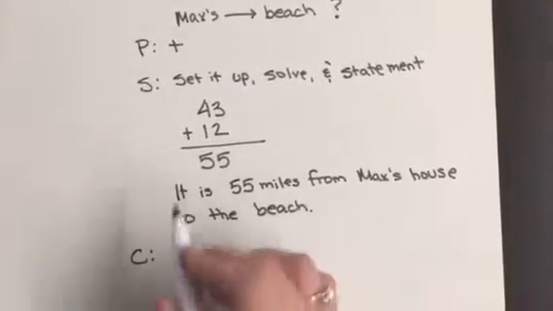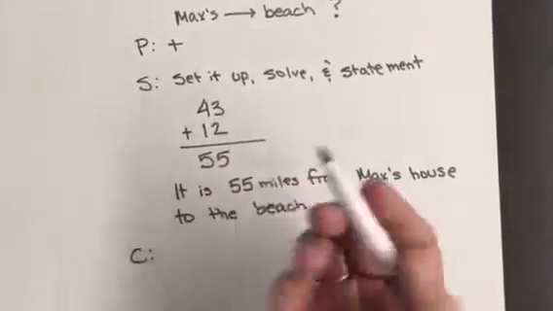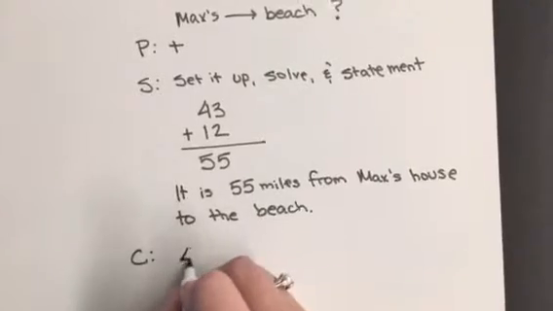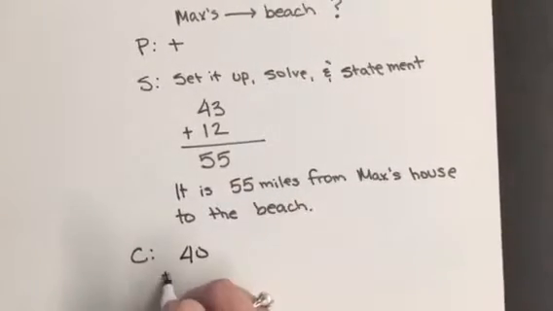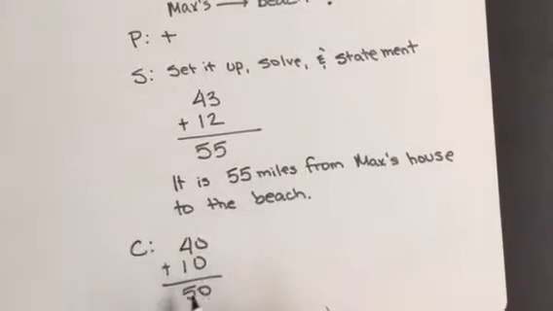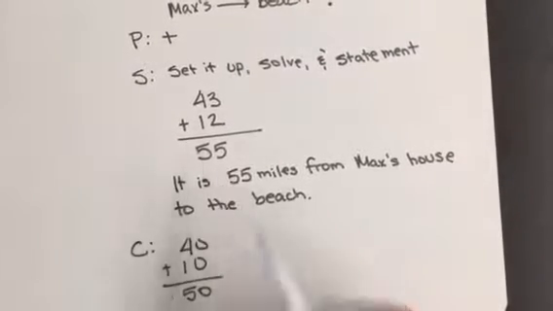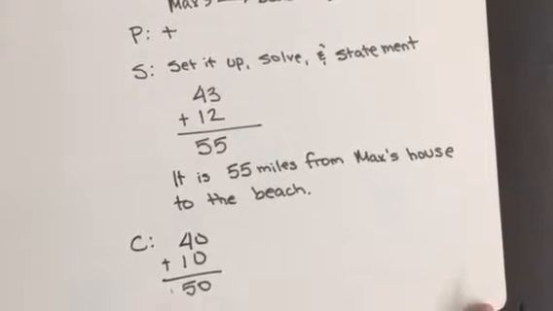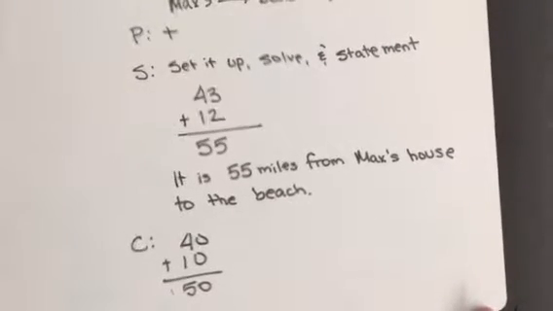So their check could just be them rounding these numbers. We would say 40 plus 10 equals 50. That tells them that if their answer is close to 50, they probably got it correct. So 50 and 55, those are pretty close to each other. That means that they probably got the answer correct.